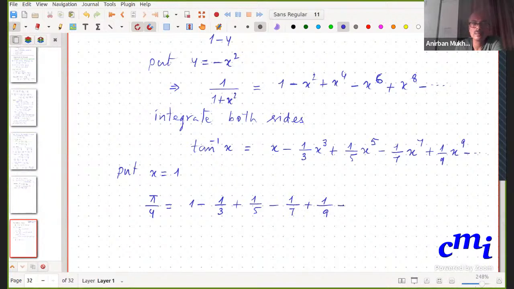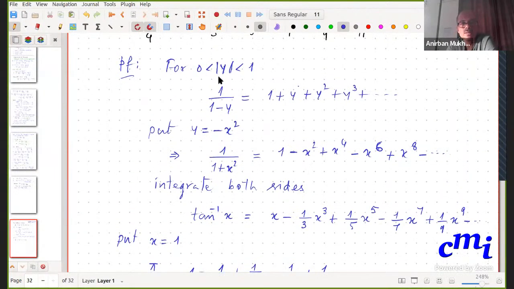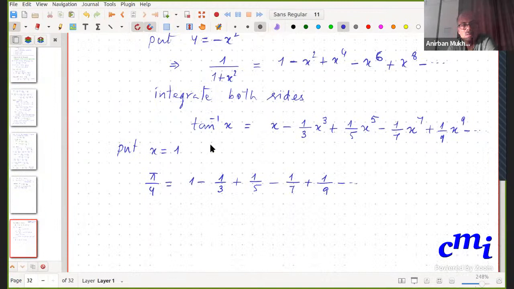There is one little problem here. We have established this formula for y strictly less than 1 in absolute value. So x also has to be strictly less than 1, and then we are using it for exactly 1. So there is a slight bit of a thing to justify.